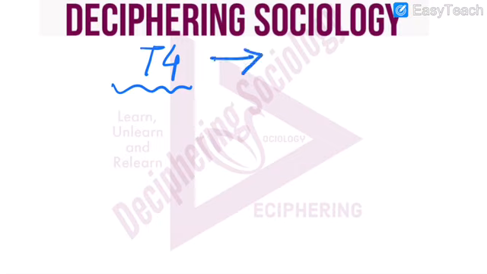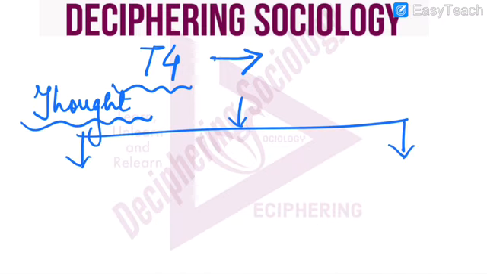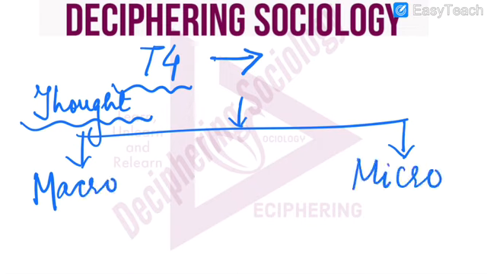Now, when you start learning about these, before this you have to understand that sociological thought or the sociological theories are majorly divided into two types. They are known as macro and micro theories.